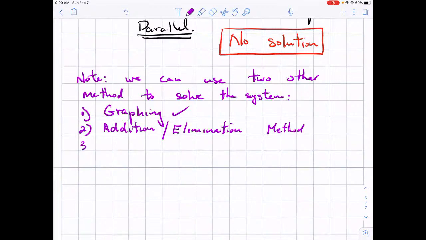And third, we have what is called substitution, the substitution method. Now, there are more methods, but these are the three methods that I will go over in this video.